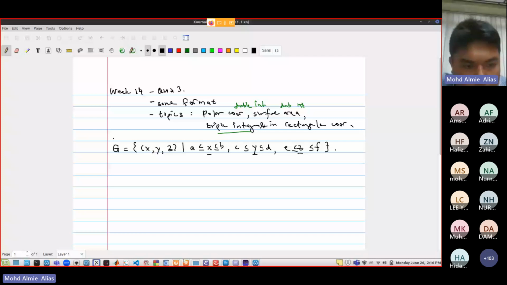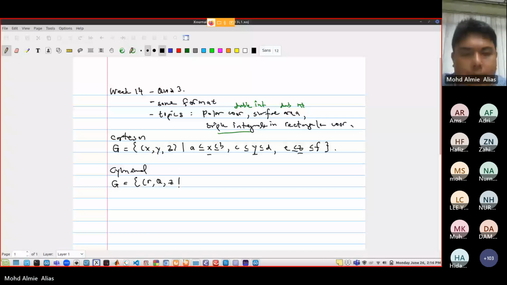Okay, but for cylindrical coordinate, you still have three components, okay, but as I said before, it is r, and then theta and z, okay, and then this is what we are going to discuss today.